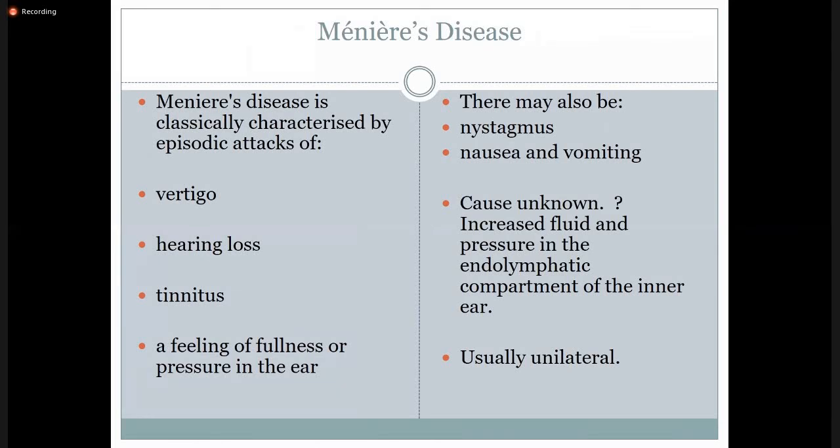Meniere's disease is another condition of the inner ear, which is characterized by vertigo, hearing loss, and tinnitus. Cause is unknown, but is usually because of overproduction of the fluid in the endolymphatic compartment of the inner ear.